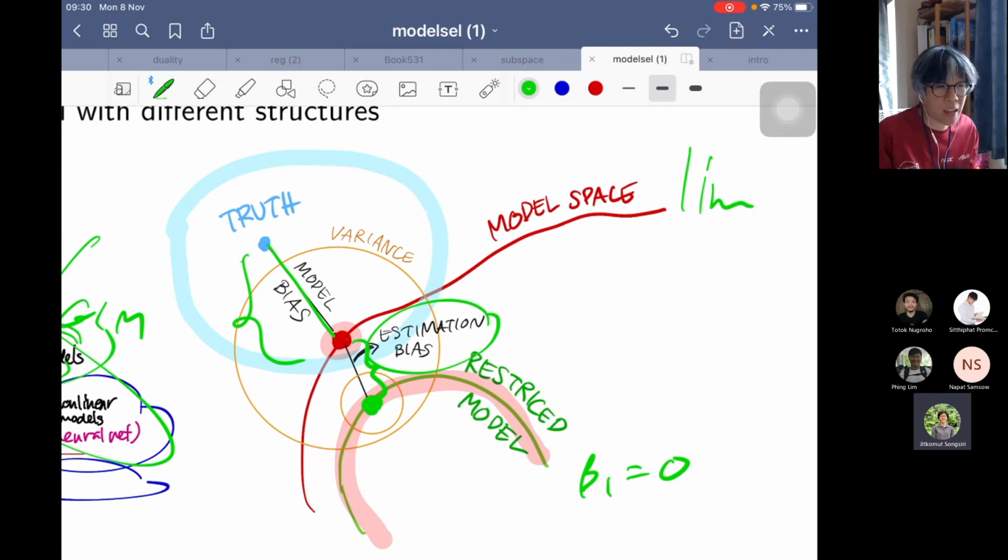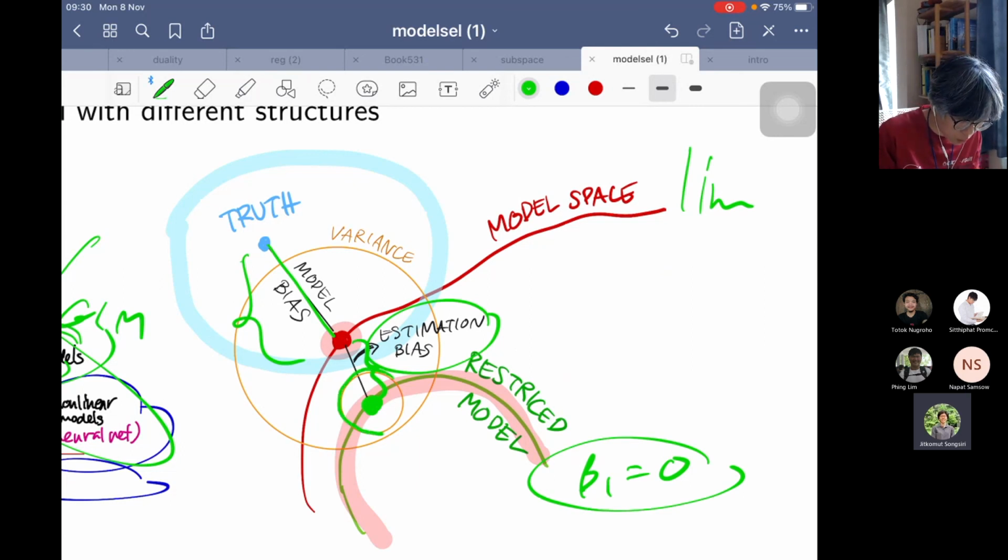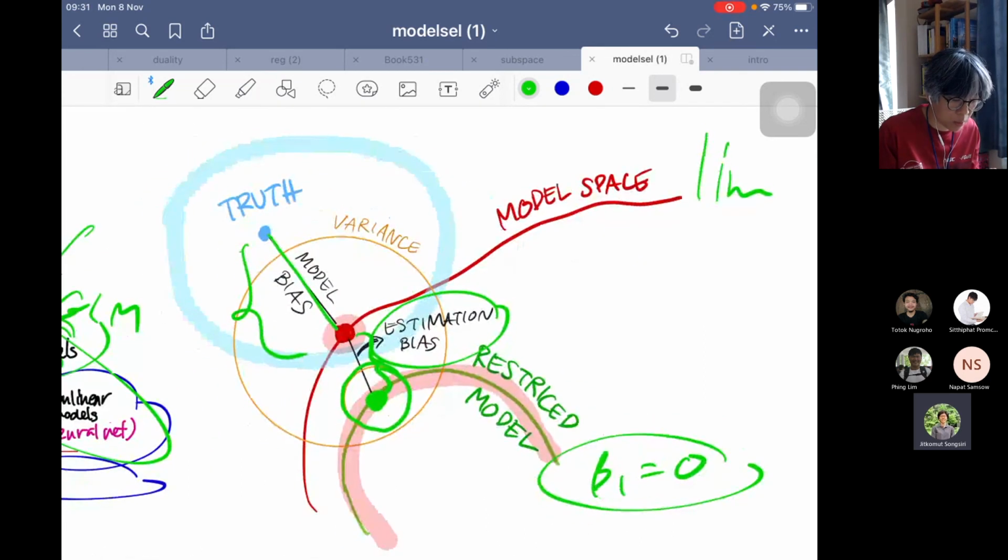That bias is from estimation bias, because you put more constraints on the parameter. But the circle, which represents the variance of the restricted parameter, would be less than the variance of the red one. The red one is without the restriction. So this basically illustrates the trade-off between the bias and the variance.